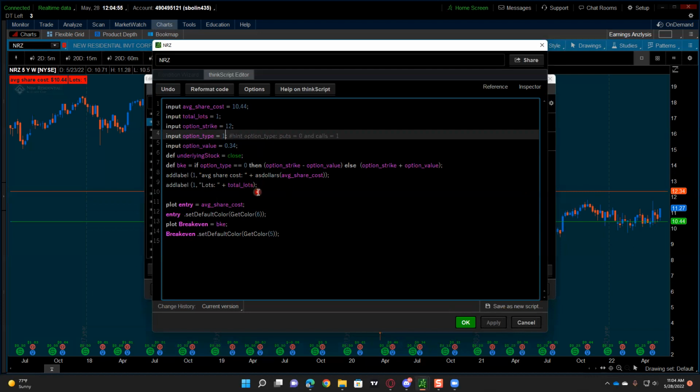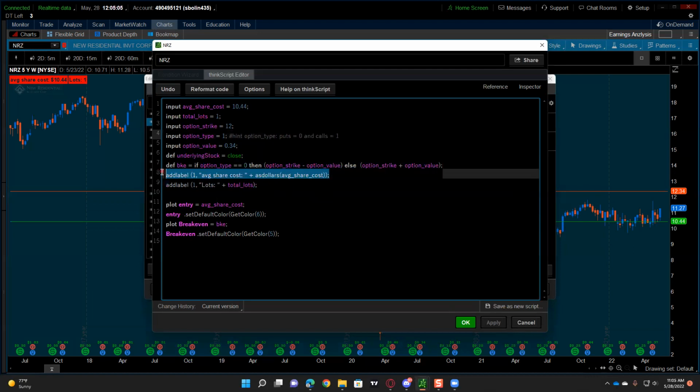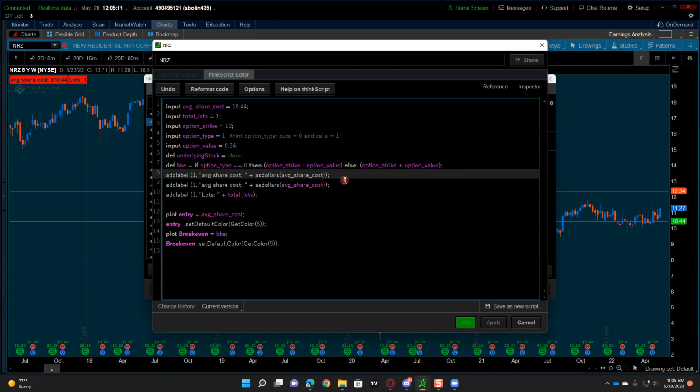Now, what I like is to have a label, because sometimes I don't want those lines, but I still want to be able to see everything. So we're going to go back to labels up here, and we're going to put the label right underneath the break even.